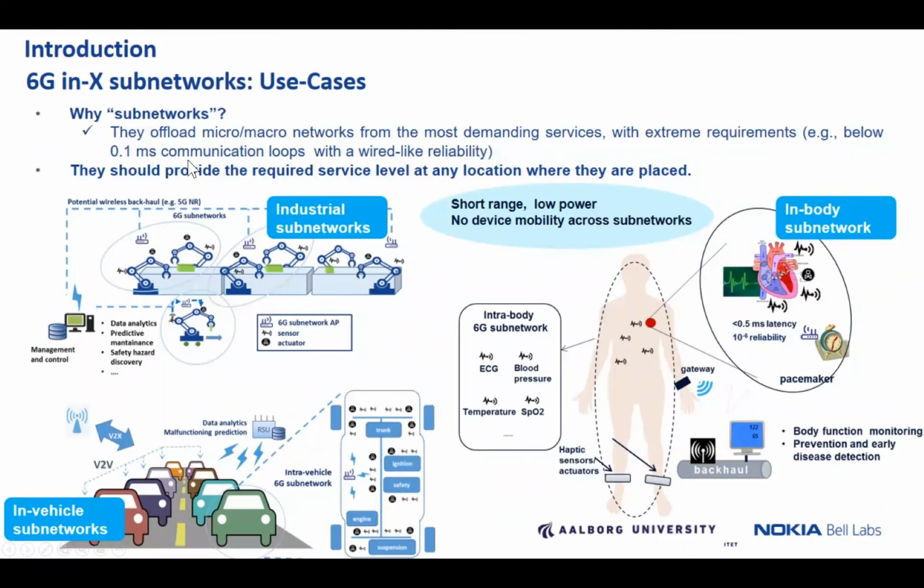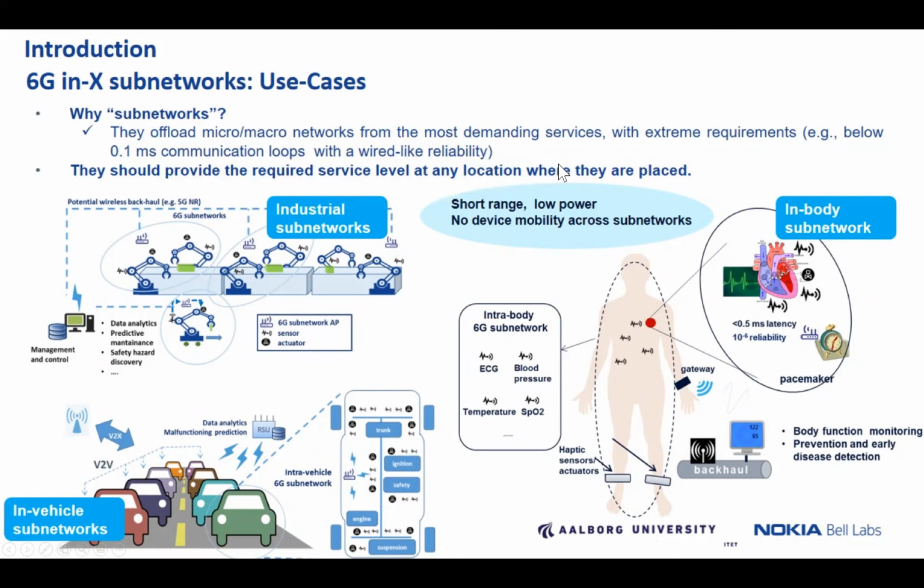For example, below 0.1 milliseconds communication loop with wire-like reliability from traditional micro or macro networks. So these subnetworks should be able to provide the required extreme service level at any location, wherever they may be placed at any given time instance.